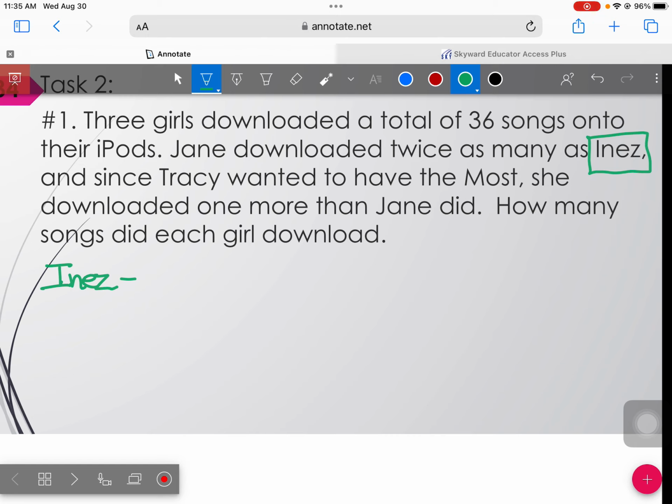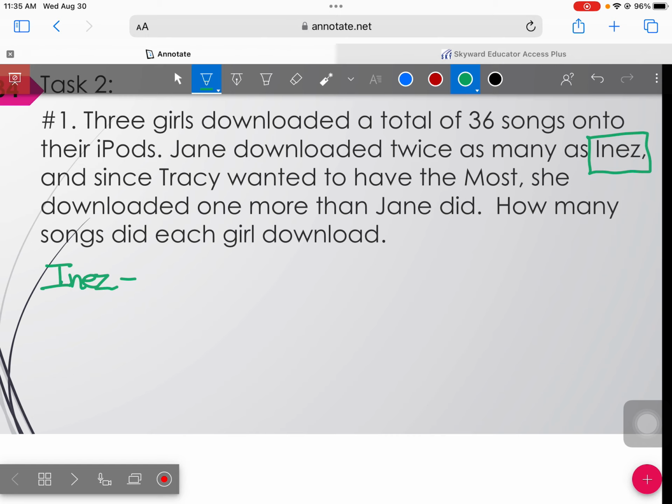How many downloads did Inez have then? No, we don't know that though. If she is relevant to all of the others, how would I represent the number of downloads she has?